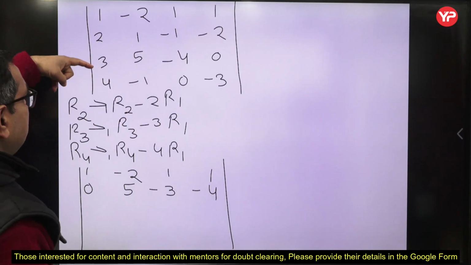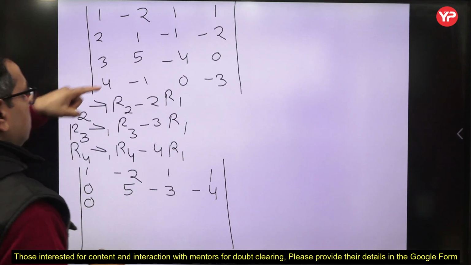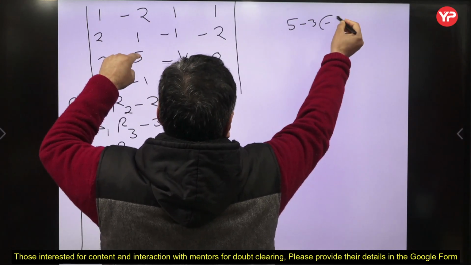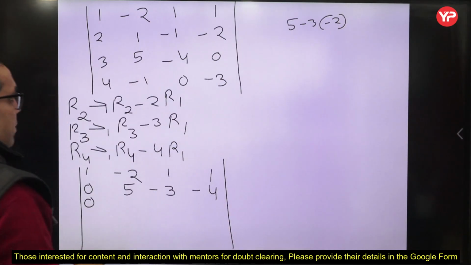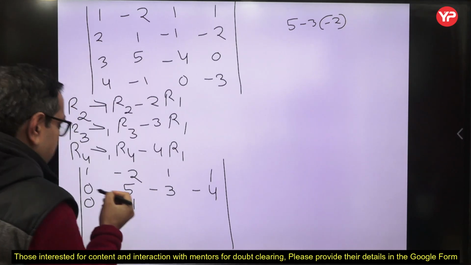Then R3 minus 3R1: 3 minus 3, 0. Then 5 minus 3 into minus 2, so it becomes 11. We can write 11 here.